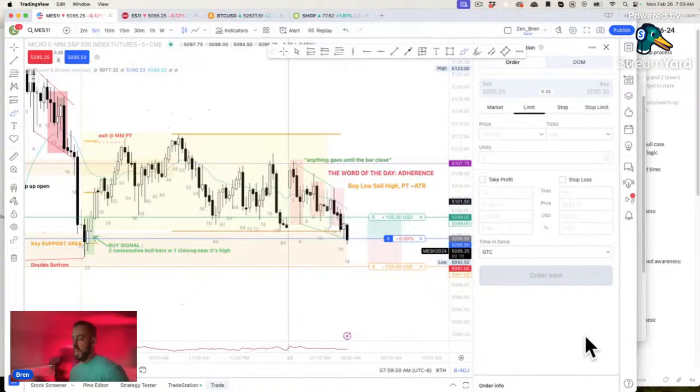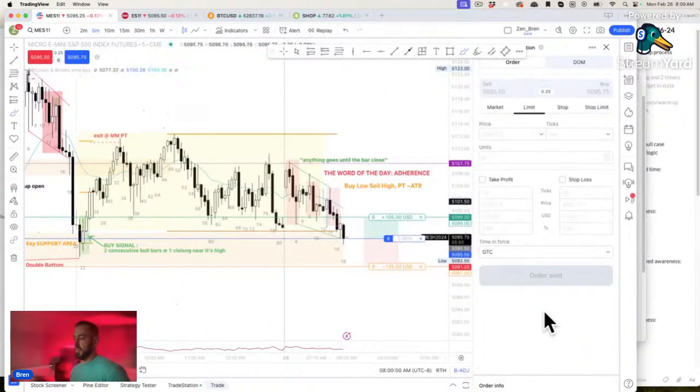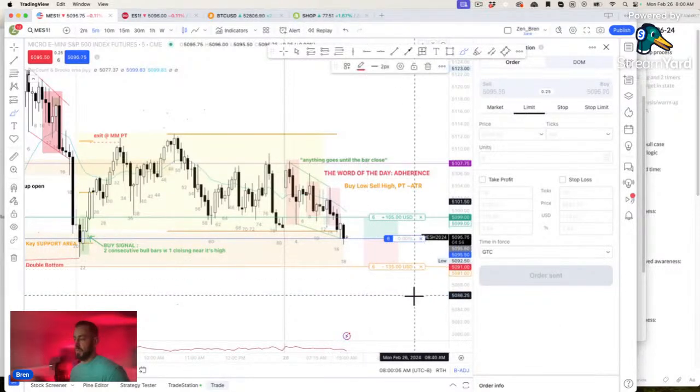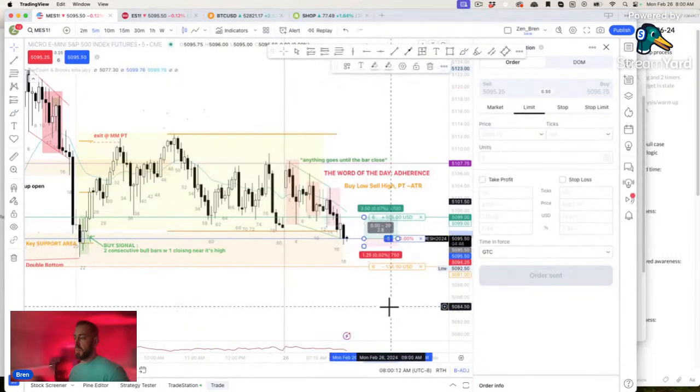12 seconds on the candle. Will the bears get the breakout? Maybe.